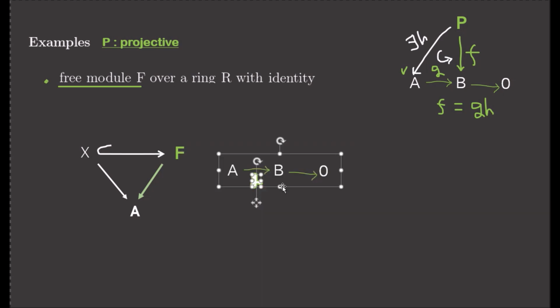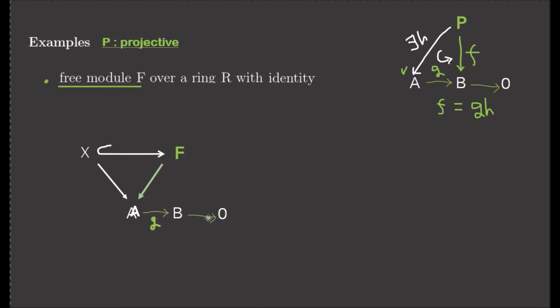So if we just move here, for any R-module, we can construct this commutative diagram. So we can find this homomorphism, which exists because of this universal property.